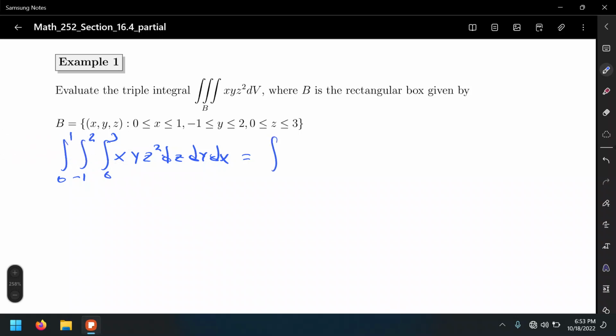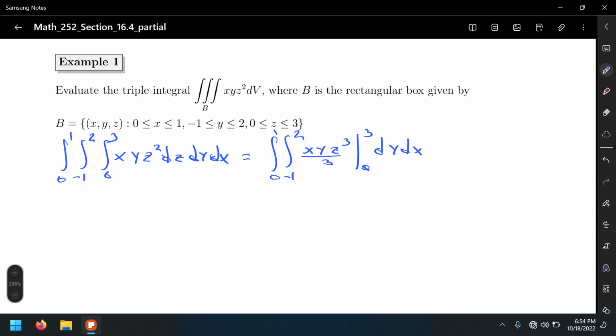That's going to leave us with the double integral from 0 to 1 and from -1 to 2 of the integral of x y z squared with respect to z. Here x and y are constants, like 5z squared, 7z squared. So that's just x y z cubed over 3 evaluated from 0 to 3. And don't forget the dy dx.